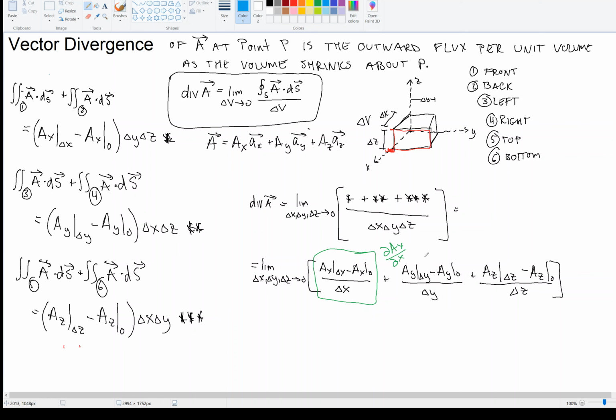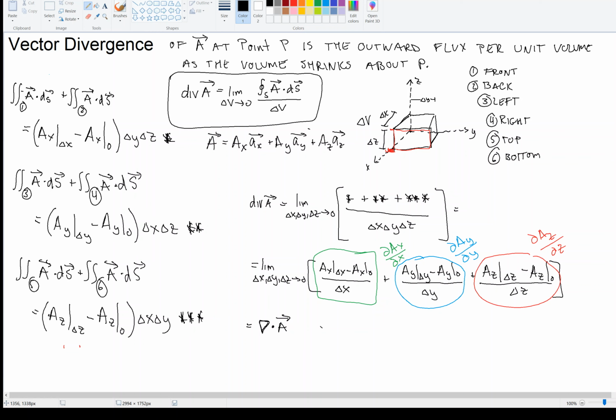And similar thing here, we've got delta y going to 0, and we've got this difference quotient in y. So this is the partial derivative with respect to y, and then really awesomely here we've got the partial derivative with respect to z. That's pretty cool. So all of this is to say, where we're going with this is I'm going to make the claim that this is actually del dot A.